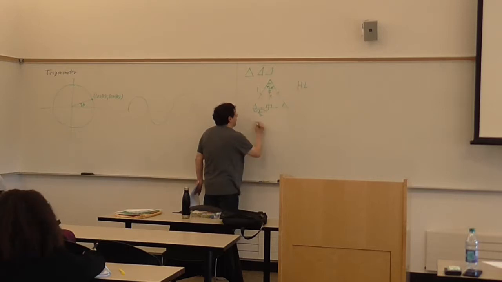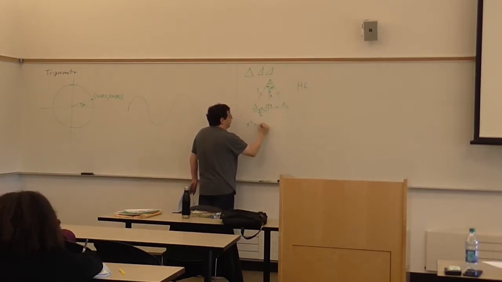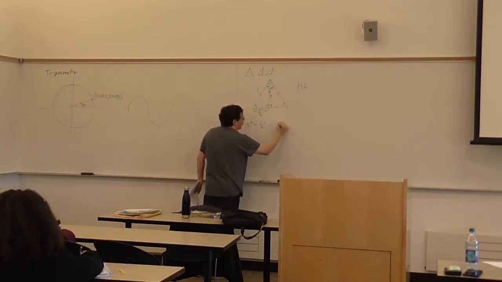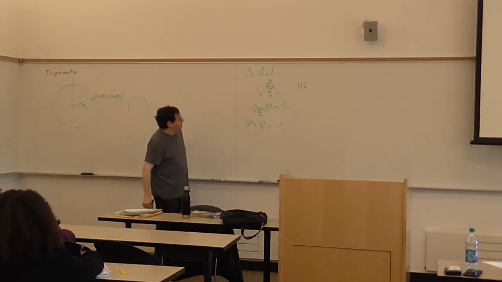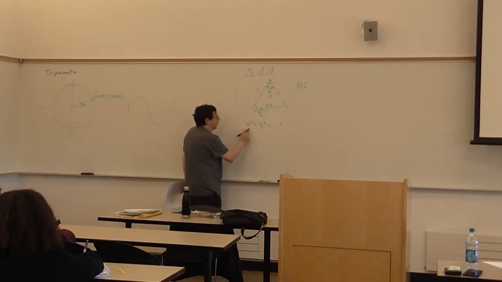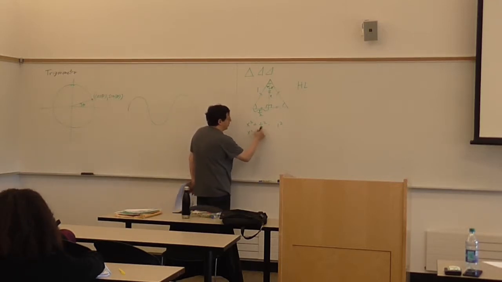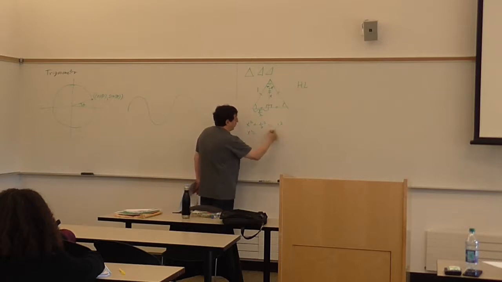Let's call this x for the moment. We know x squared plus a half squared equals 1 squared. Right? a squared plus b squared equals c squared. And so if we solve for x, what are we going to get? x squared is going to be just 1/4. 1 minus 1/4 is 3/4.